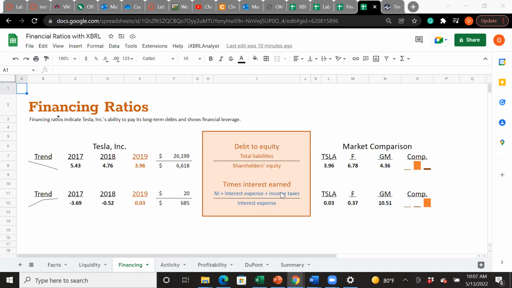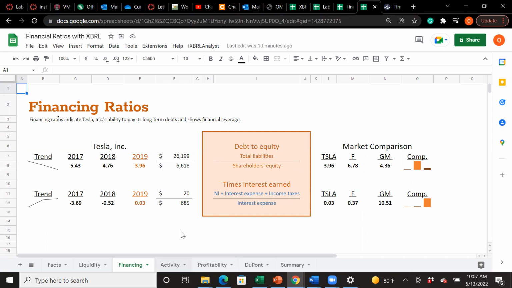It basically shows how many times a company can pay its interest expense with its pre-tax earnings. It's coming up over the years, and that's a good sign.